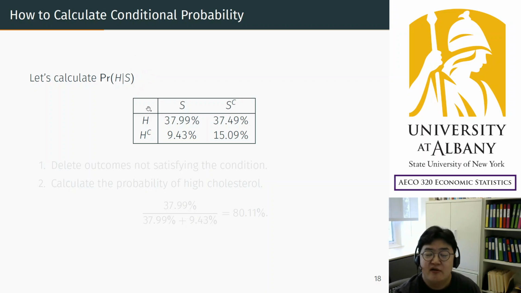The idea is the same, but the difference from the first video is that in the first video we had a frequency table, and now we have a joint probability table.